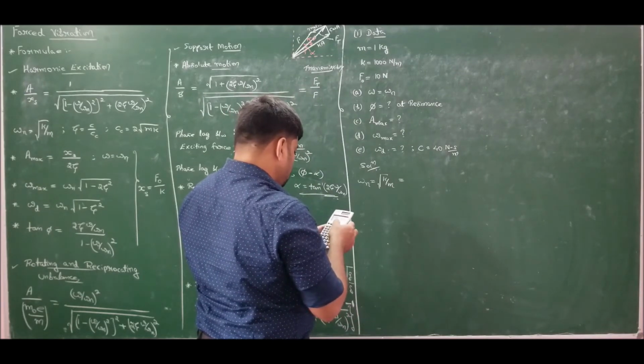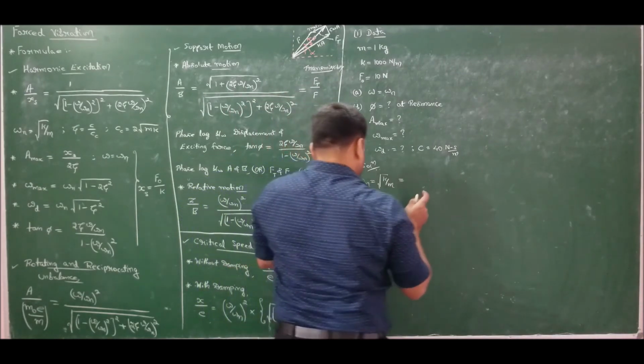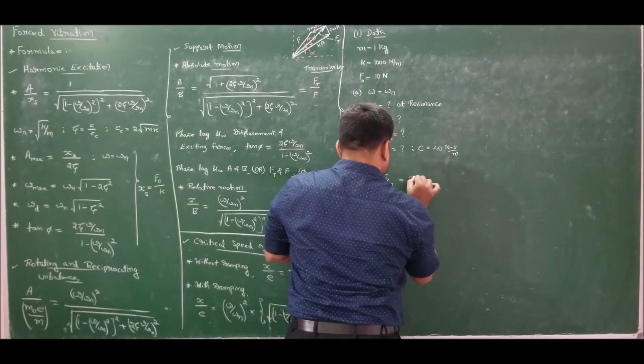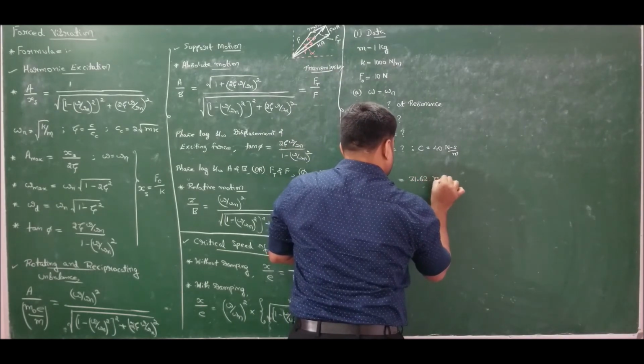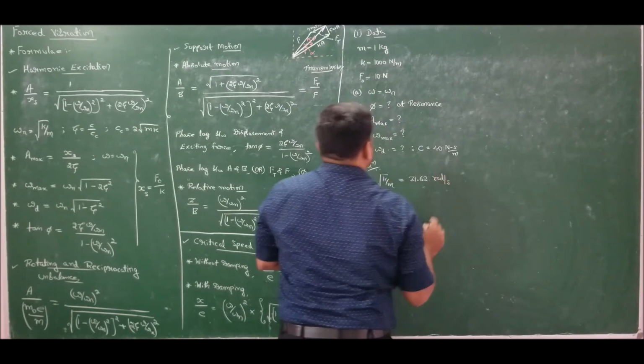K by m, how much? 31.62 radians per second.